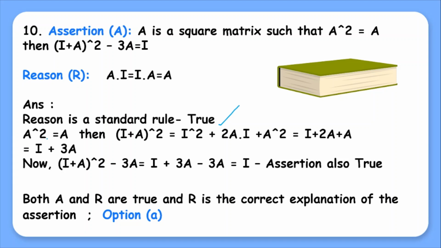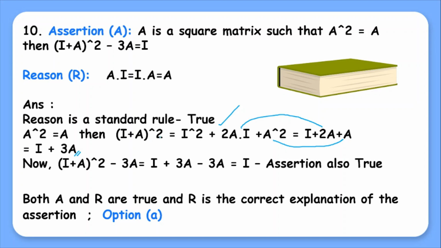Now we check the assertion. A square equal to A is given in the assertion. So (I plus A) the whole square expanded: I square plus 2AI plus A square. I square is I only, 2A into I: any matrix into I will be the same matrix, so it becomes 2A. A square equal to A is the given statement. So you add 2A plus A, which is 3A. It is equal to I plus 3A.